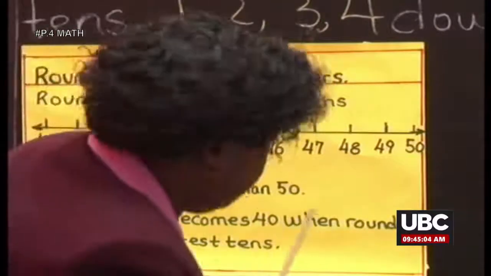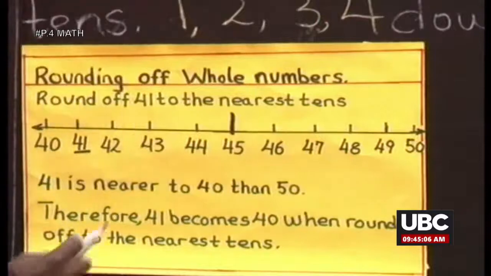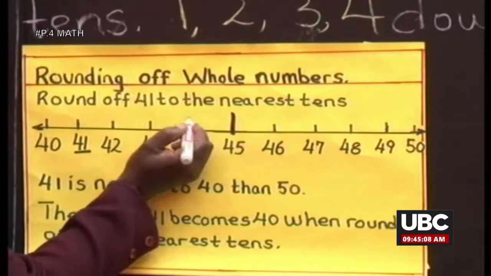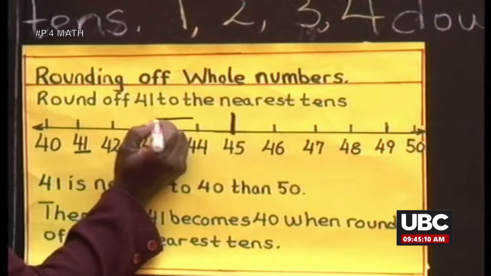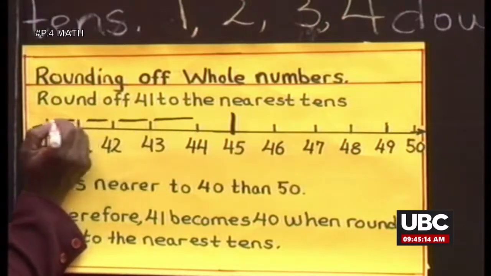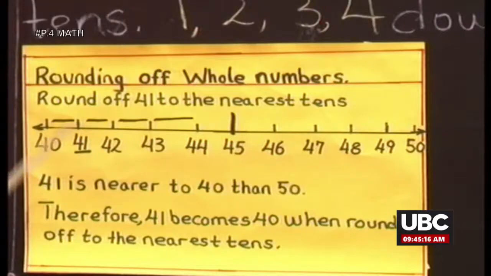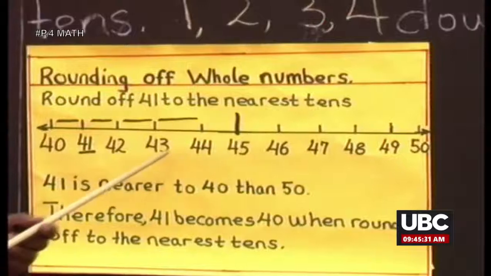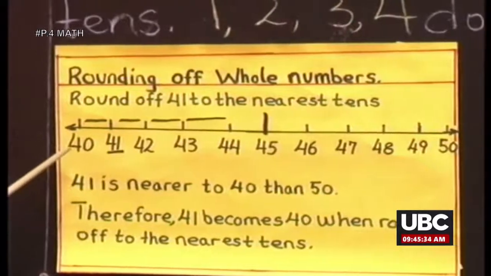If you look at these steps here, from 44, 1 step, 2 steps, 3 steps, 4 steps. And from 44 to 50, if you count the steps, we have 1, 2, 3, 4, 5, 6 steps. Therefore, 44 rounded off to the nearest tens is 40.